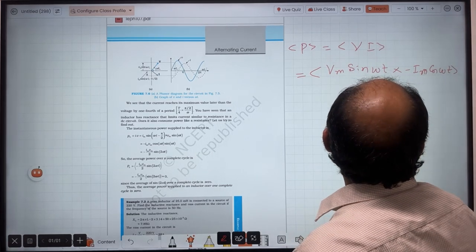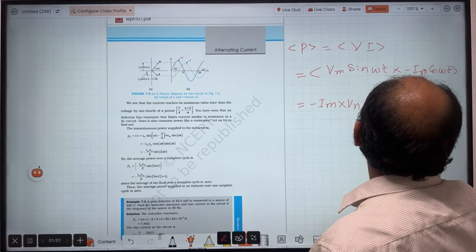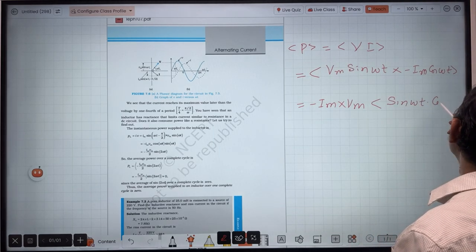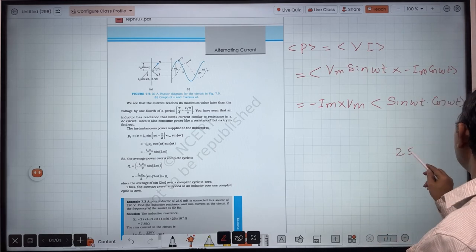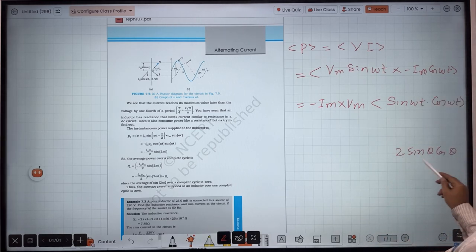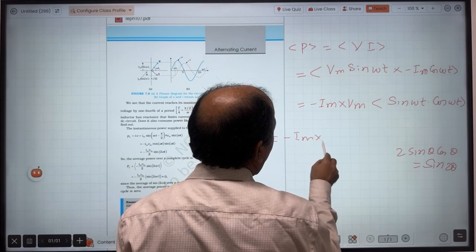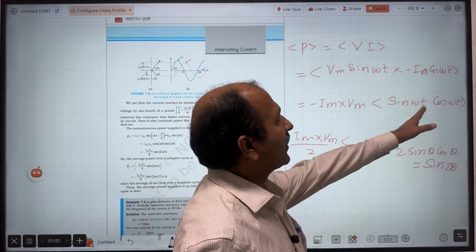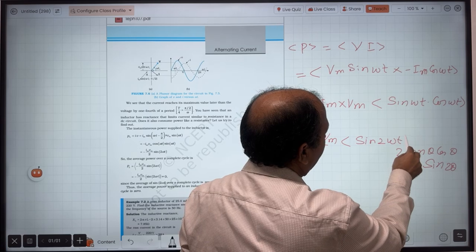Do one thing here, we can write minus Im into Vm outside, then the average of sine omega t times cos omega t, right? And if you remember, 2 sine theta cos theta gives sine 2 theta, right? So here it will become minus Im into Vm divided by 2, and let's write it as 2 sine omega t cos omega t or sine 2 omega t.